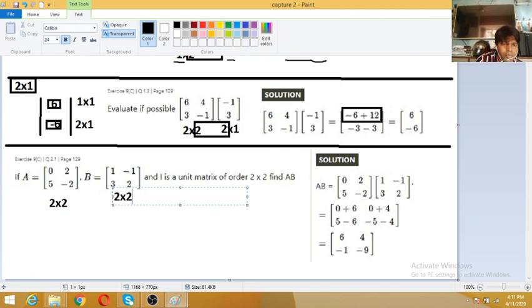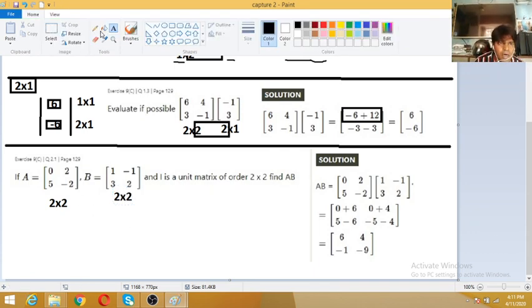I can multiply because, as you're getting used to this rule, the number of columns of the first matrix is equal to the number of rows of the second matrix. And the resultant matrix will be of what order? 2 and 2, that is 2 rows and 2 columns. You can see the answer I am getting is also 2 cross 2. Is that clear?